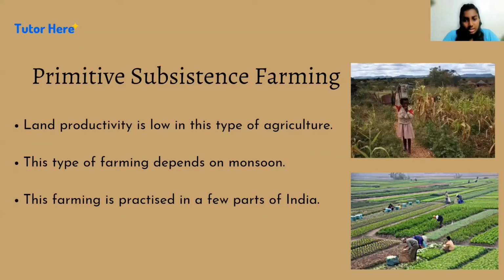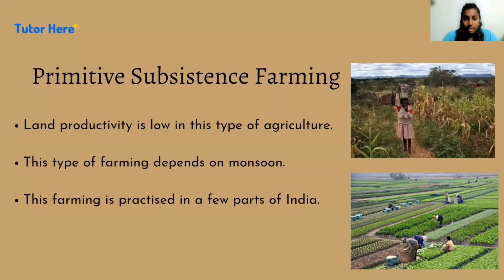Primitive subsistence farming. This type of farming is practiced in a few pockets of India on small patches of land using primitive tools and family or community labor. Farmers clear a patch of land and produce cereals and other food crops to sustain their families.